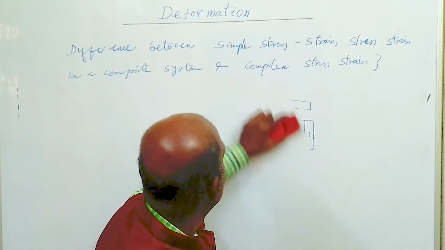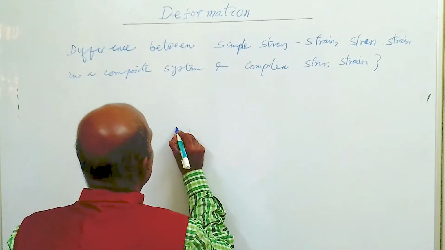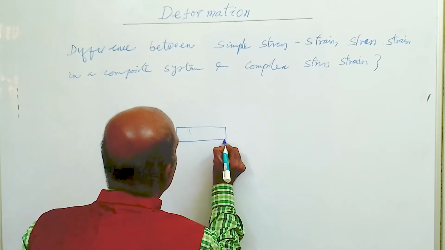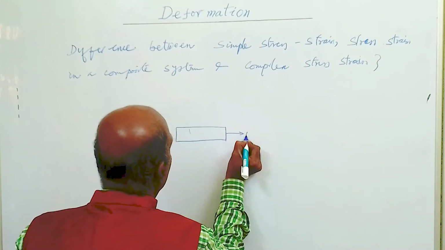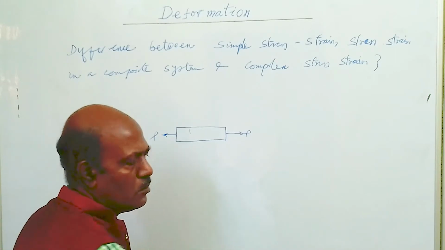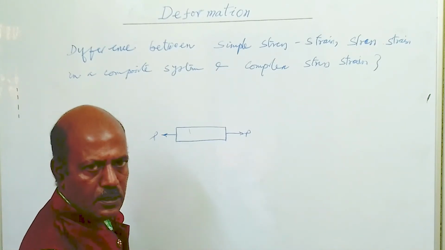Now the third case. Say this is a bar. The bar is under, say, axial load P. P is the axial load, and normal load you can say.